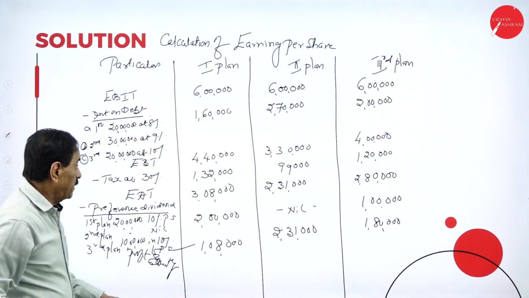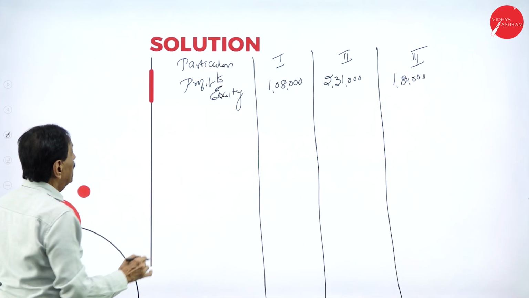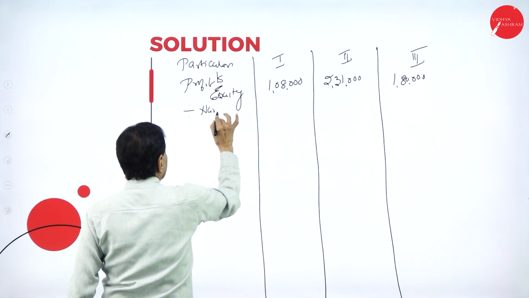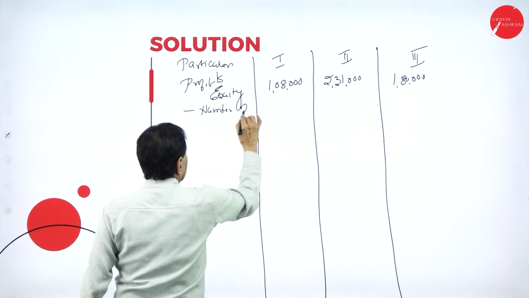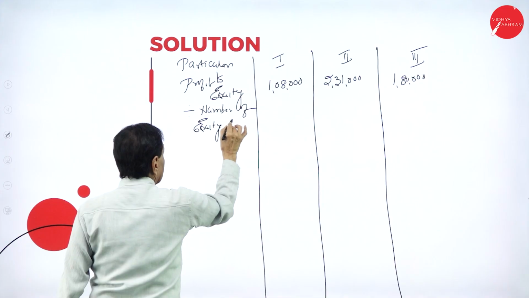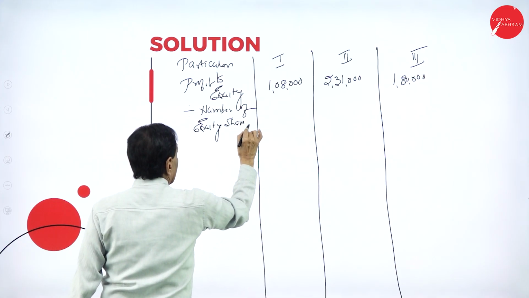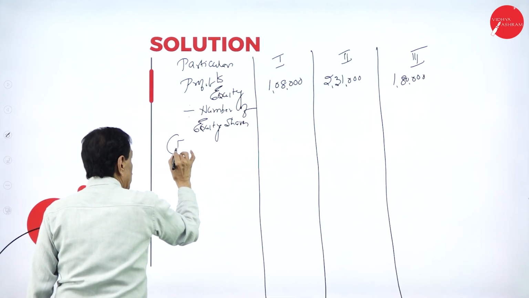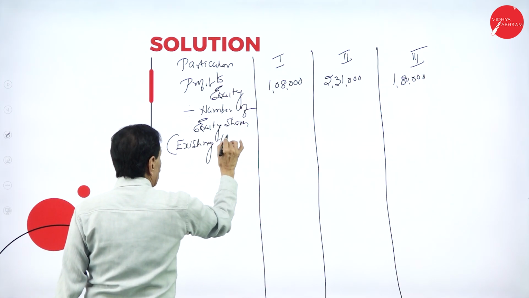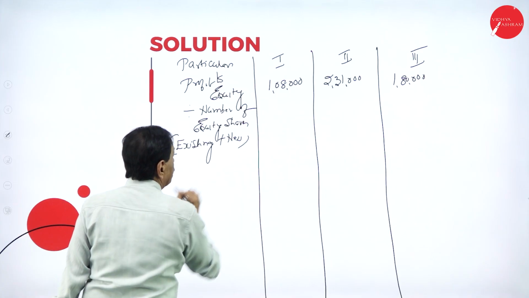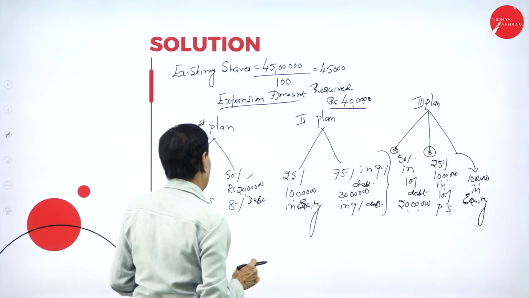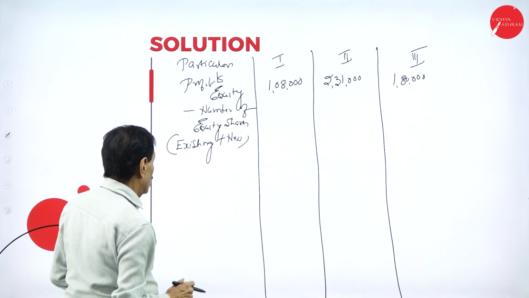It is profit to equity divided by number of equity shares, existing plus new. How much existing do you have? 45 lakh. Existing plus new.